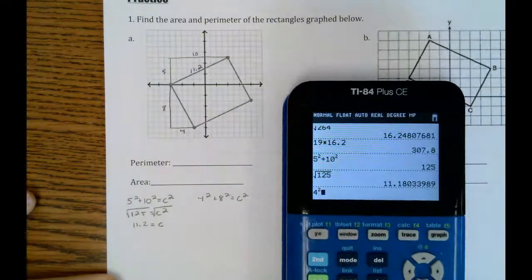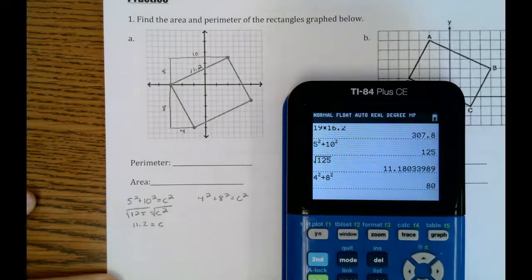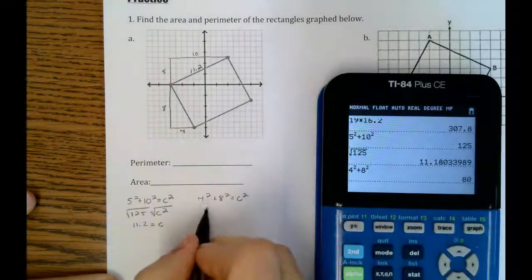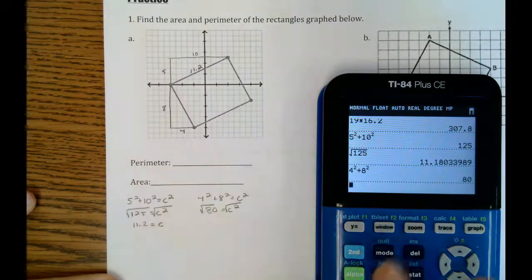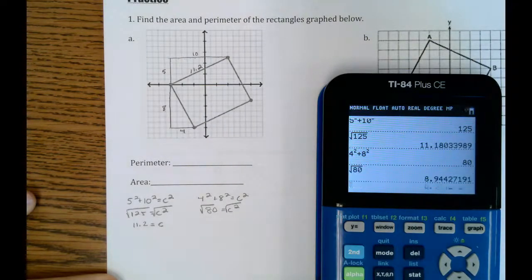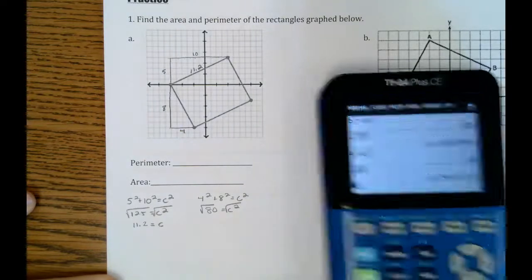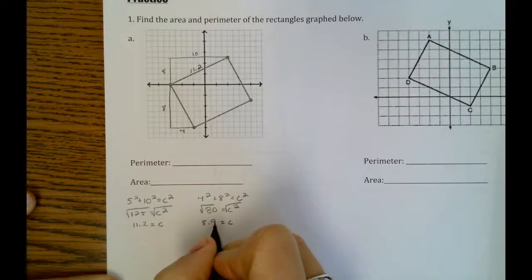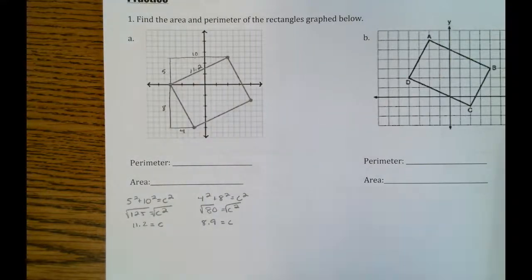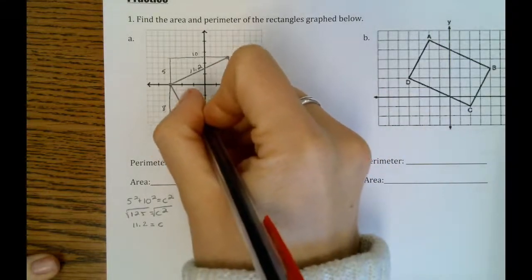So we'll do 4 squared plus 8 squared, and that gets us 80. Take our square root, and we get 8.9. Okay, so now we have that side, which is 8.9.